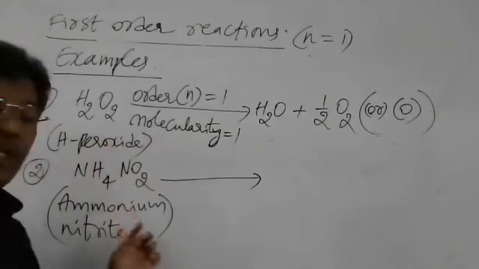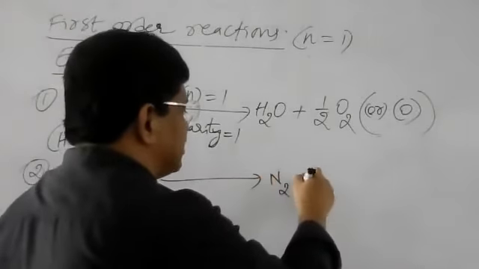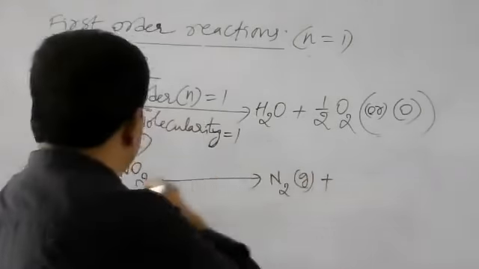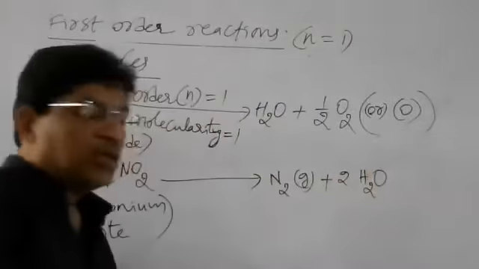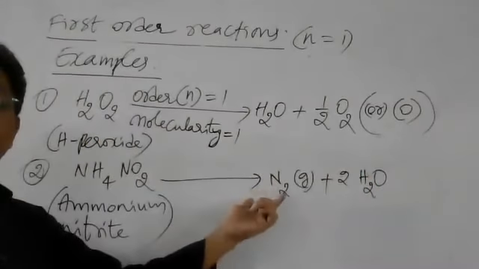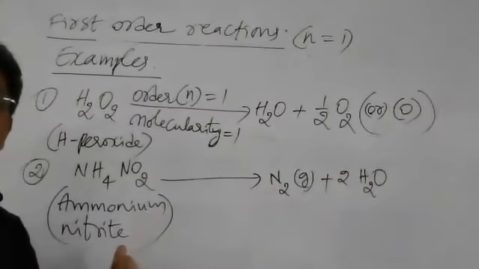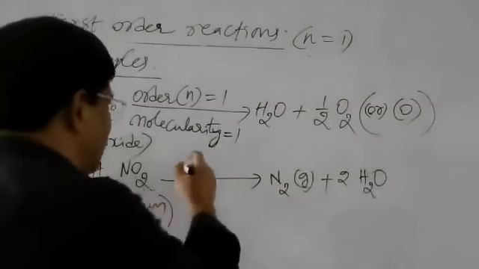Here this ammonium nitrite decomposes to give N2 gas plus 2H2O. Okay, so here 2H2O and N2 gas will be formed. So nitrogen gas is liberated when we heat ammonium nitrite.